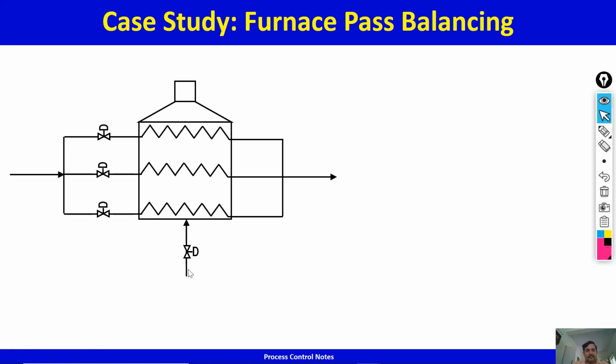Okay, and because of non-homogeneity in the heating, for example, if you see a flame, there will be a blue part which will be the hottest, and then there will be the yellow part which will be hot, and then there will be a dark spot where heating would be the least.